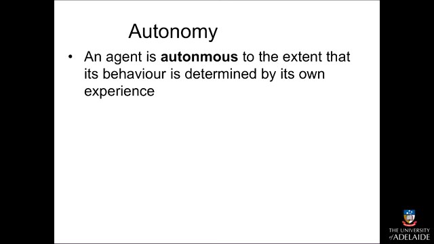The example given in Stuart Russell's textbook is of a watch that automatically resets itself as you go through time zones. And he says, well, that's doing something that is sort of autonomous, but for our definition of autonomy, that's not autonomous, because that's something that the designer plugged in right at the start. That's not something that the watch is doing based on its own experience.